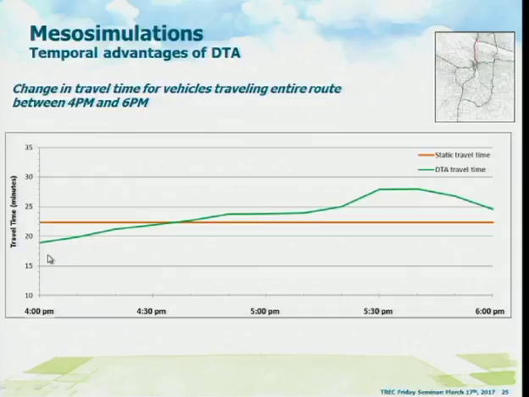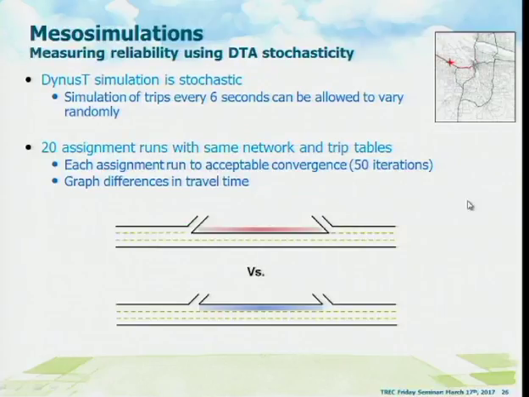Our DTA is showing a time of 19 minutes at 4 p.m. and a max of around 27 or 28 minutes in the peak of the peak, which more closely matches what we would see in the real world. Okay, so that's nice. Now we have a better sense for how our system is working and when it's starting to get congested or when volumes are increasing.